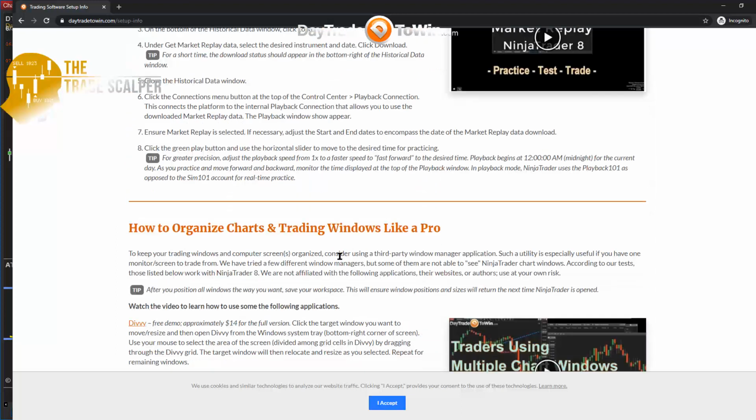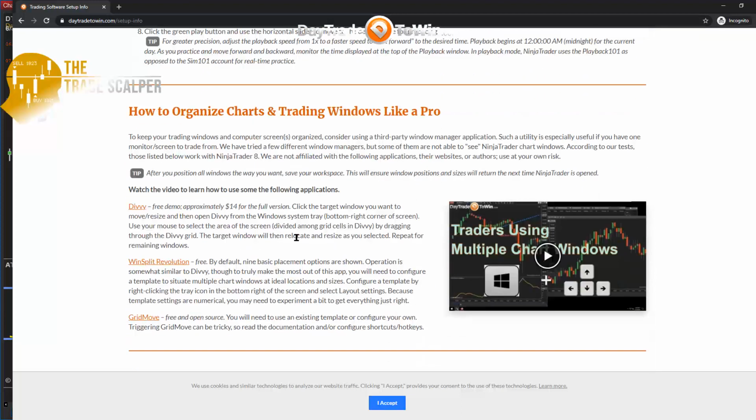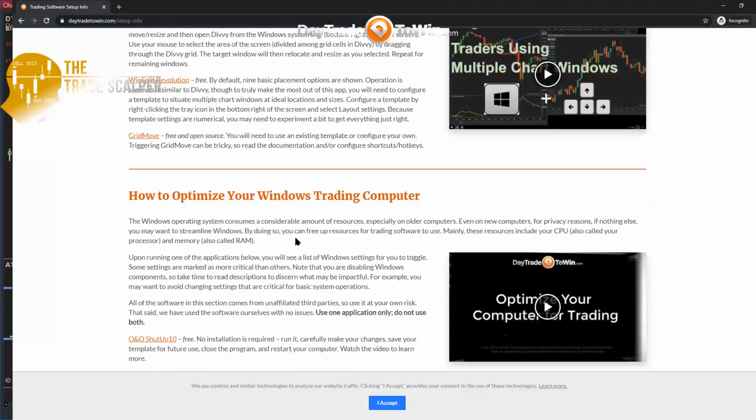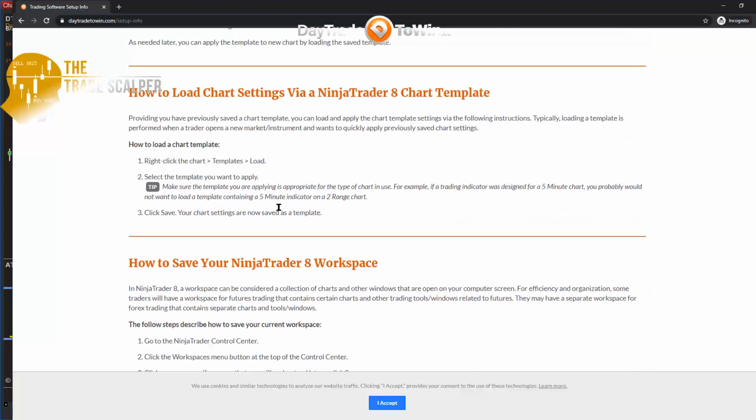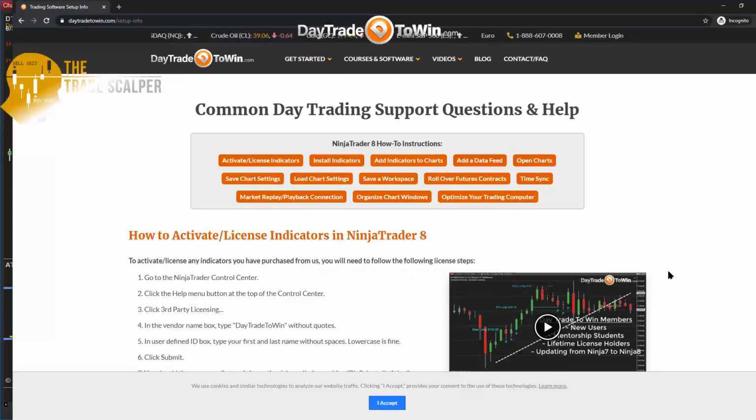How to use market replay, how to organize your charts. So I think this is a good wealth of information for those of you who want to stay with the greatest and latest that's available out there. Okay. So visit this page here, how to and setup info.